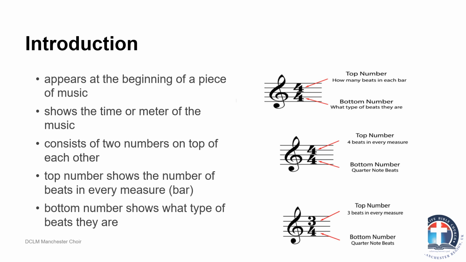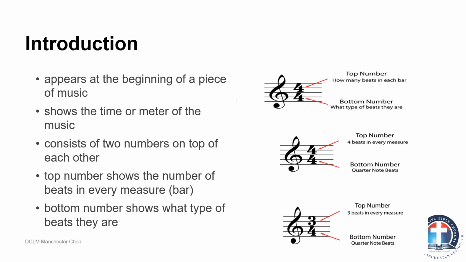Quarter note and crotchet refer to the same thing. So again, the number at the top signifies the quantity, 4, and the number at the bottom signifies the quality, quarter note or crotchet beat.